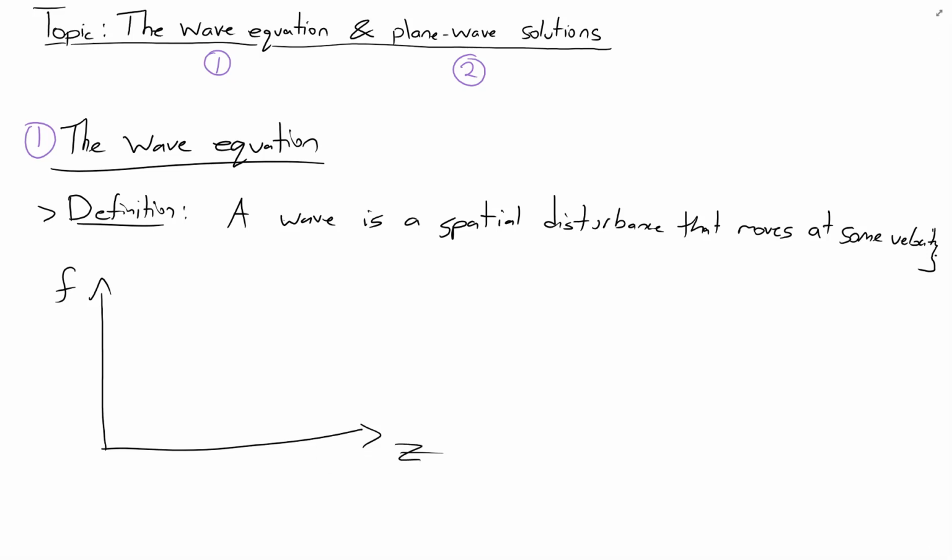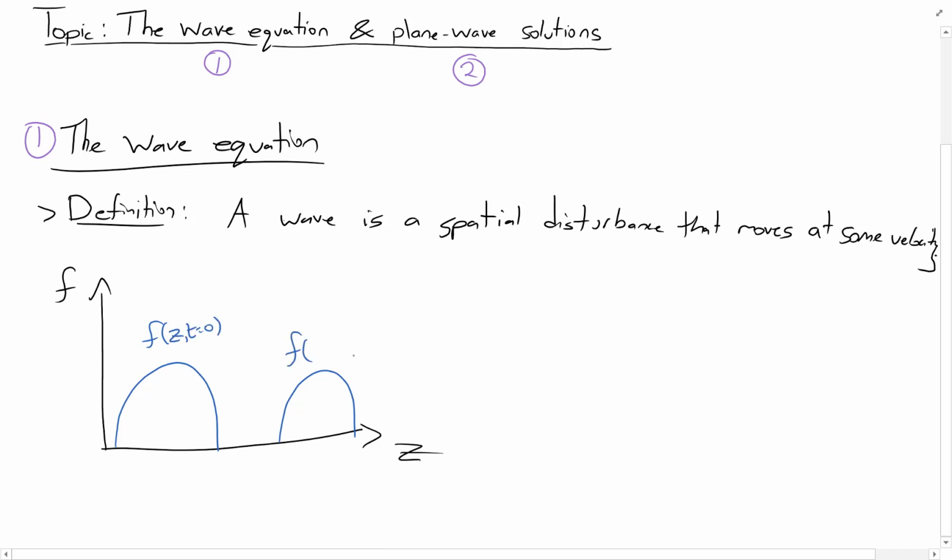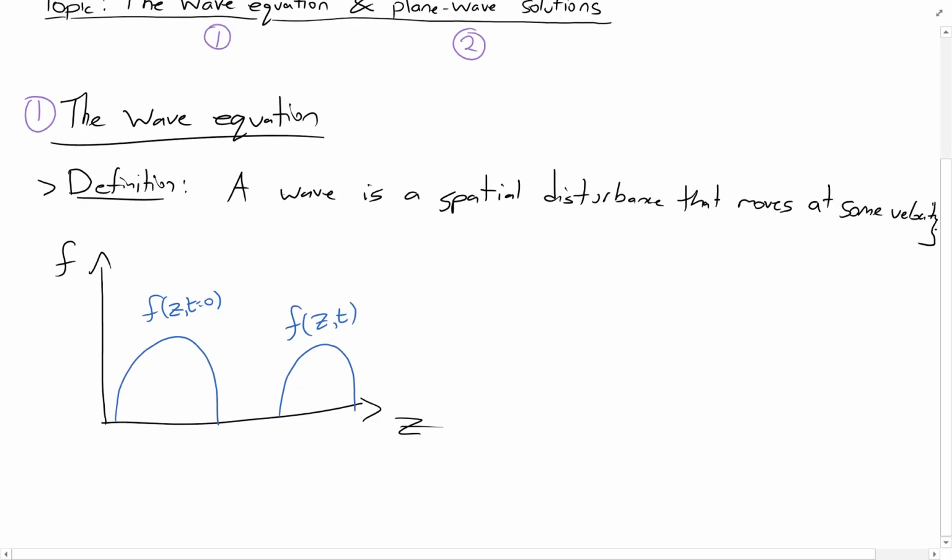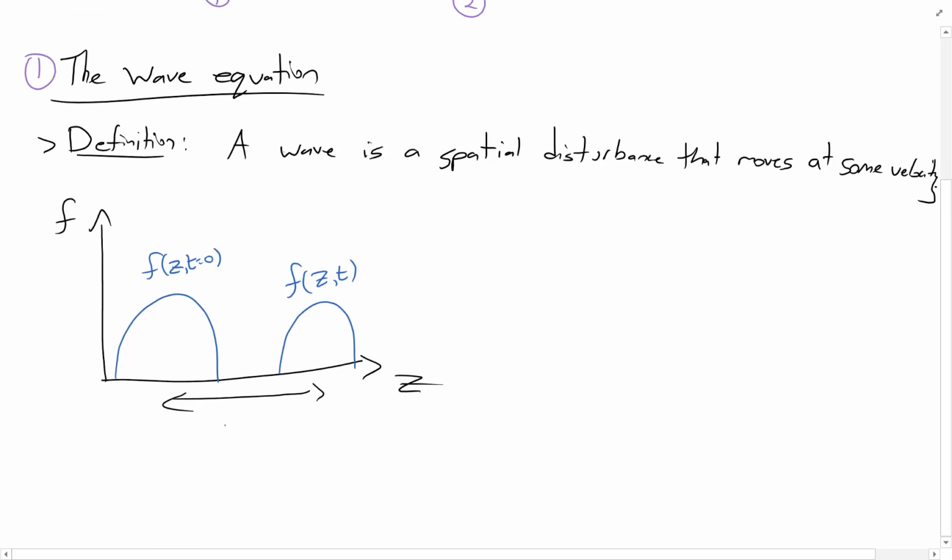You can consider two wave crests. The first at time equal to 0. The second being at some time t. The distance traveled by this wave is just described by its velocity multiplied by the time.